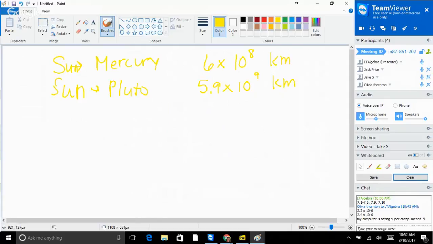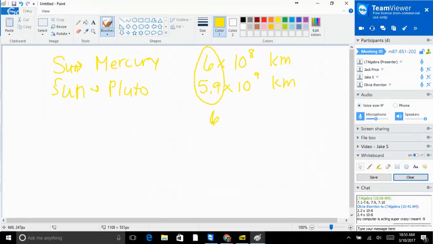So if you're looking in a book and you're seeing these distances, sometimes it's really hard to think, what does that actually mean, right? Like, I know that's a huge number, that they're really far away from each other, but what does that actually mean? Well, when you write numbers in scientific notation, you can easily compare numbers because both of these numbers are basically 6, right? 6 or 5.9, they're around 6.